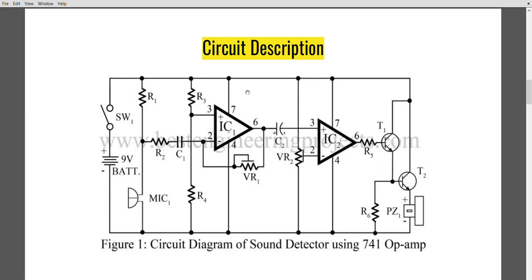Here is the circuit diagram for this 741 IC sound detector. Here you can see the IC diagram and then the resistors. In the following pages we will see the description of the circuit.